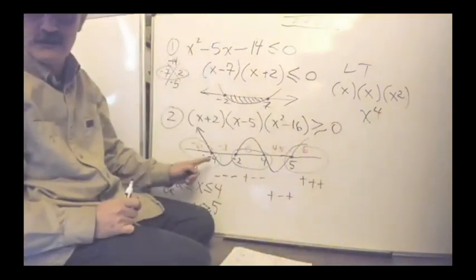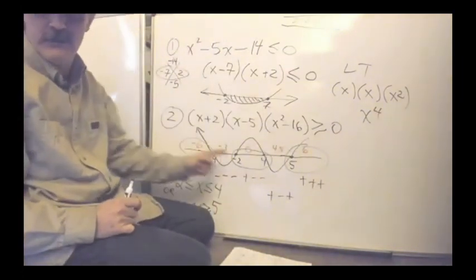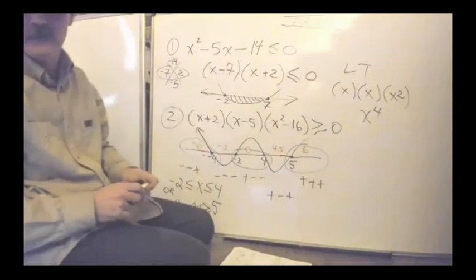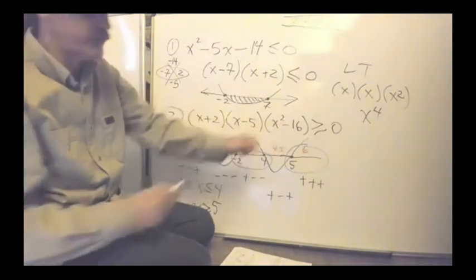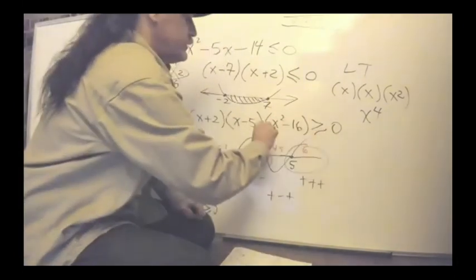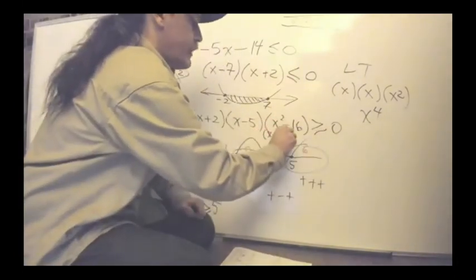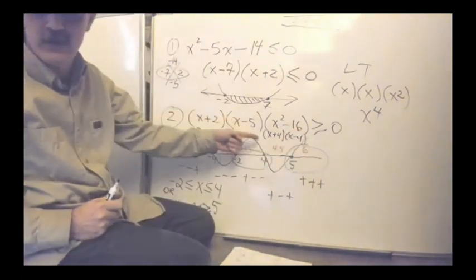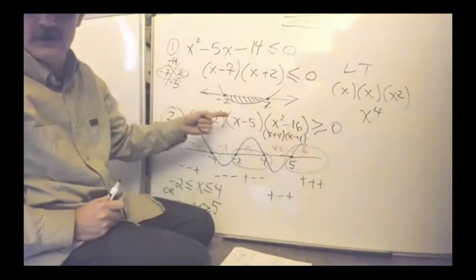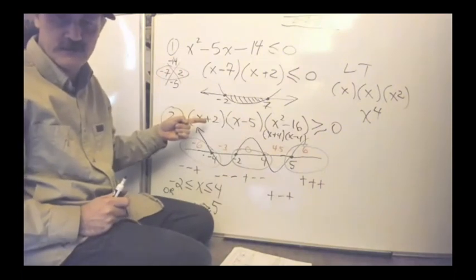Okay, so that means the left branch is going to go up and the right branch is going to go up. Okay, and then if you went ahead and did factor this one, right, that would be what, x plus 4, x minus 4. Notice now with all the 4 binomial factors, there are no even exponents.